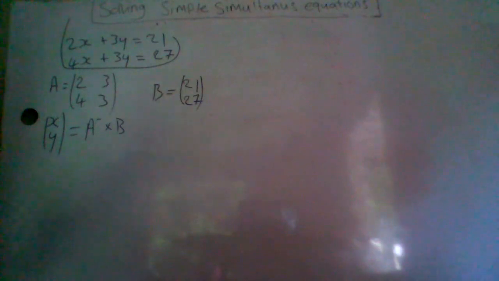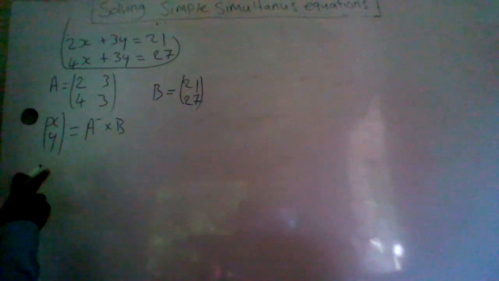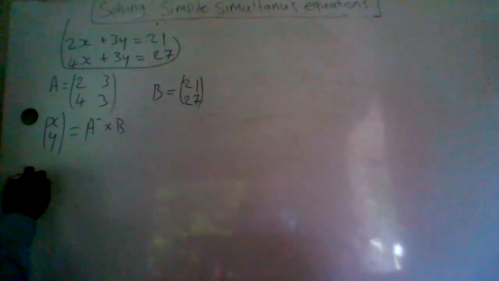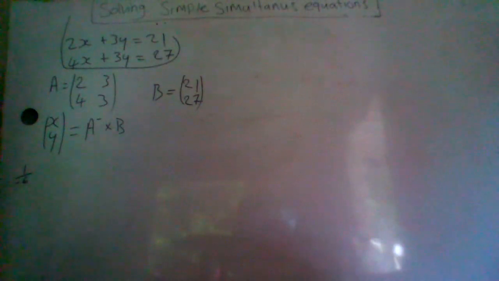So in this case, we'll have 2 times 3 minus 4 times 3. So we'll have 6 minus 12. So the determinant would be minus 6. So in this case, we'll have 1 divided by minus 6 times the adjoint.